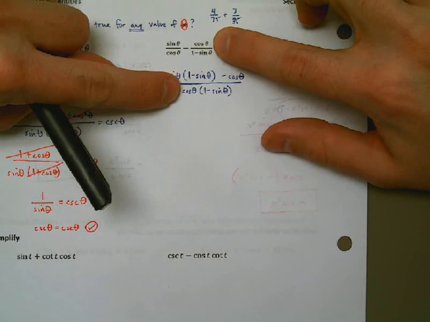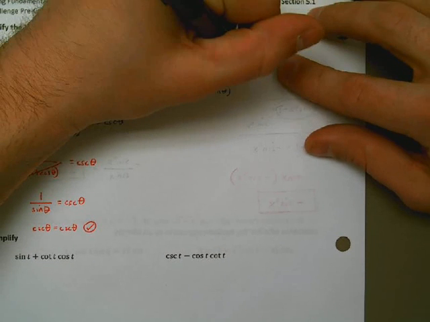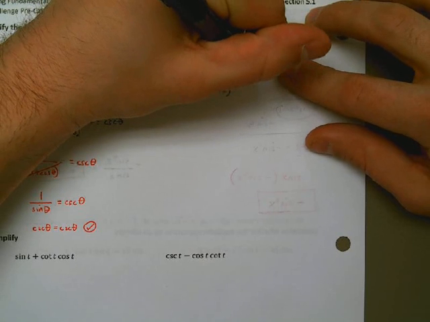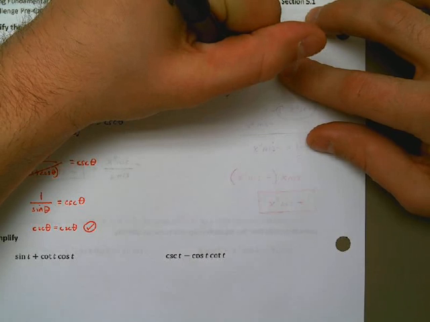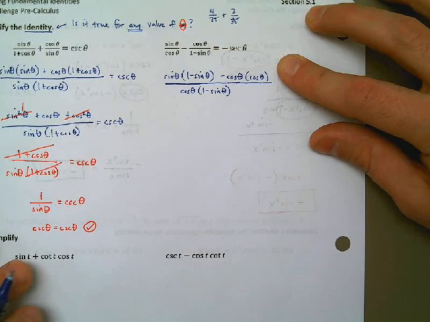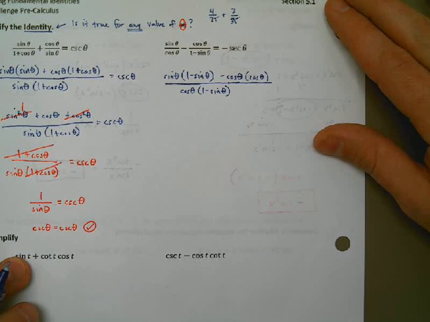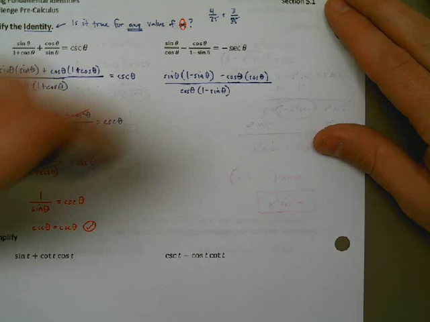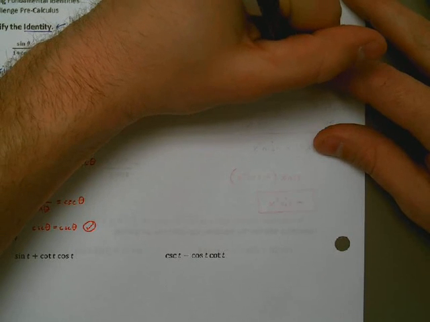So really, I can take all of this stuff right here, this negative sine squared, negative cosine squared, and I can say that's minus 1. That's the same thing. So if I have sine theta minus 1 on top, and I have now cosine theta times 1 minus sine theta on the bottom, I'm trying to show that that's equal to negative secant, right?